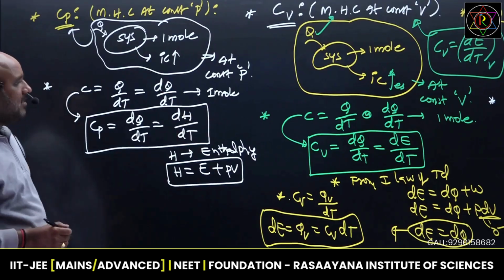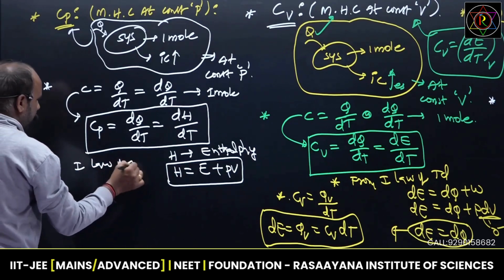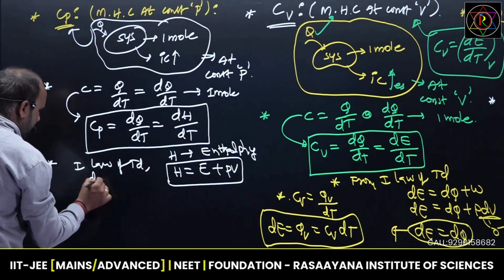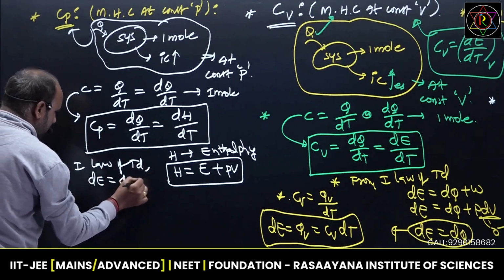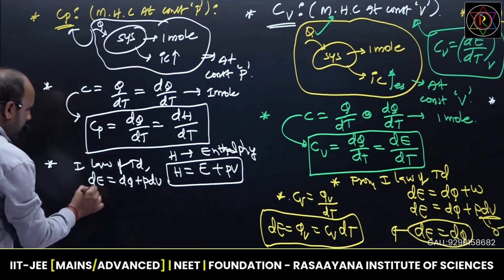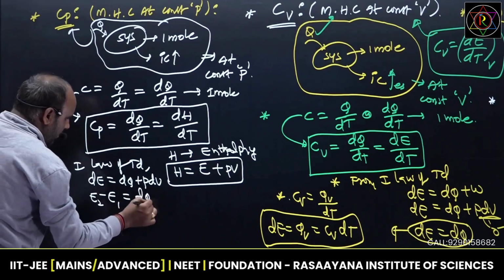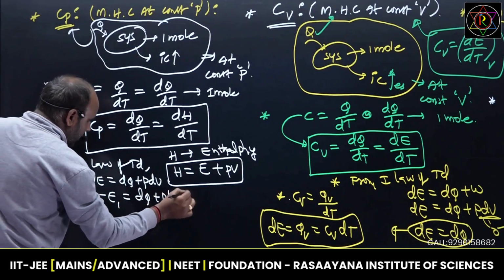Again we'll go with the first law of thermodynamics. From the first law of thermodynamics, dE is equal to dQ minus PdV. dE means change in internal energy, that is E2 minus E1 is equal to dQ minus P into V2 minus V1.